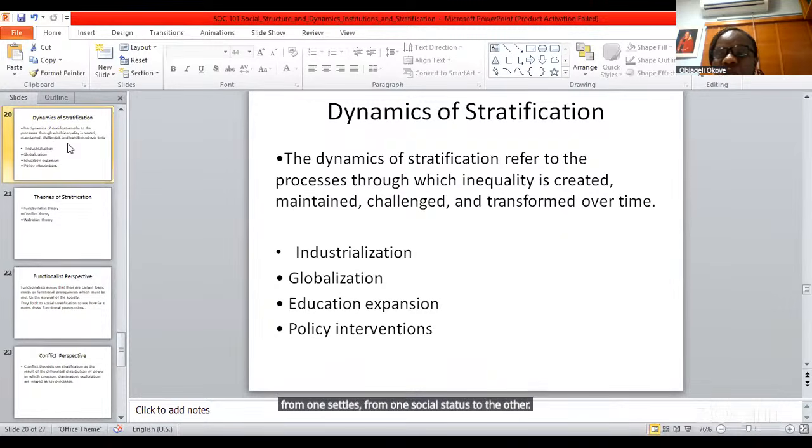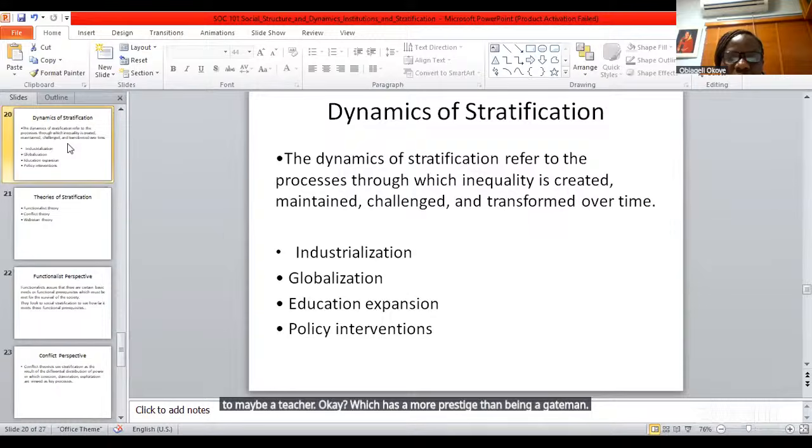For example, a gateman that has just his O-level certificate, if he is able to do a program or write JAMB and gain admission into the university, after acquiring his degree, his status can change if he gets a well-paying job. In other words, he will move from being a gateman to maybe a teacher, which has more prestige.